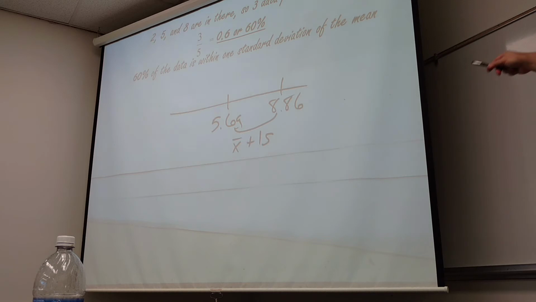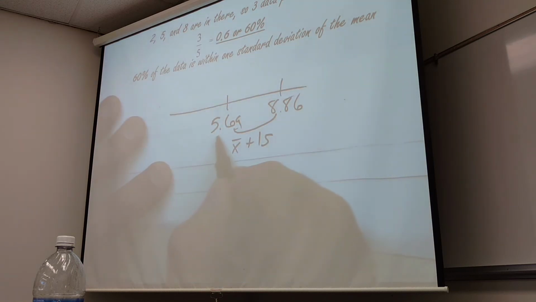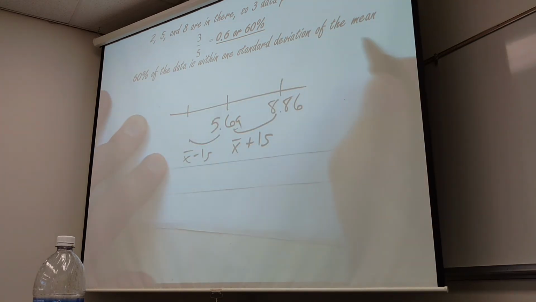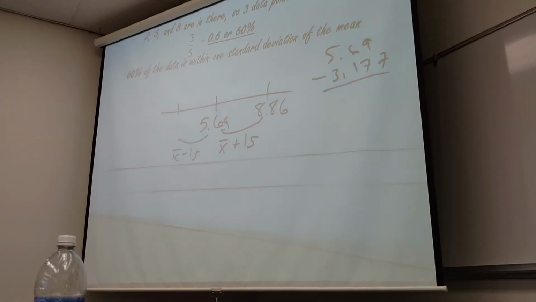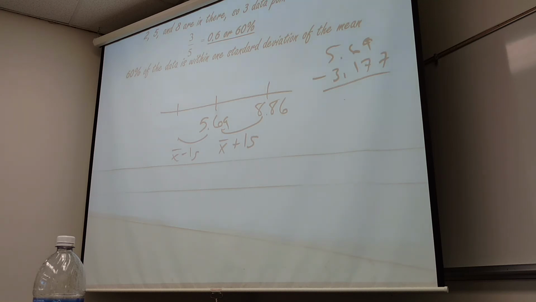Go up one step from the mean. Now do the same thing in the other direction. Where do you end up? So subtract. You're subtracting one standard deviation, so you're taking 5.69 minus 3.177, which is 2.513.